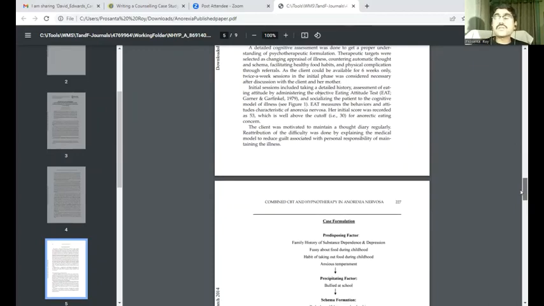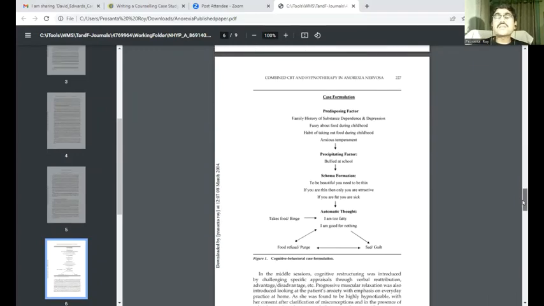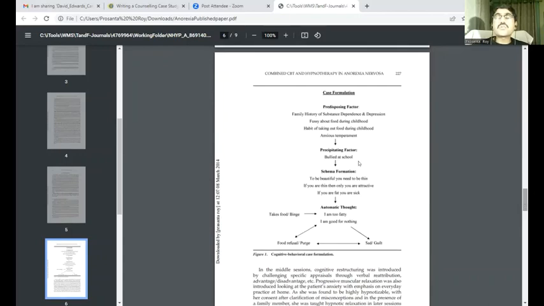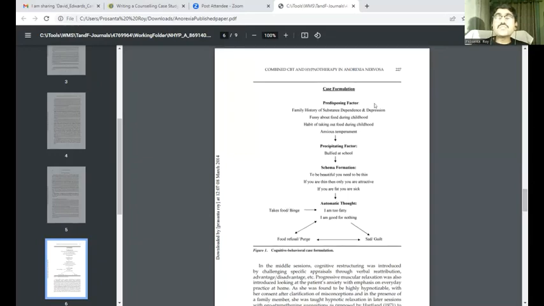Then I have given a case formulation based on the cognitive behavior therapy model, which includes the predisposing factors, already given in the history part, the precipitating factor, and the kind of schema formulation that we got. Many of these issues of the case formulation we actually got to know from the intervention itself, not during the history taking. All these issues have been given here.